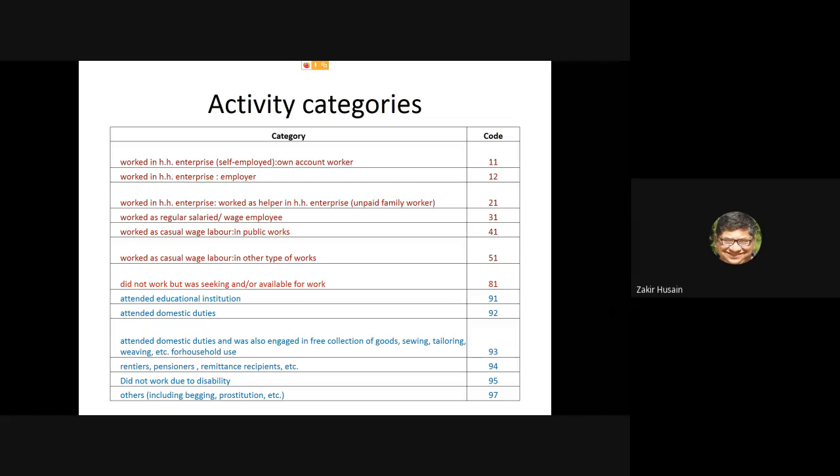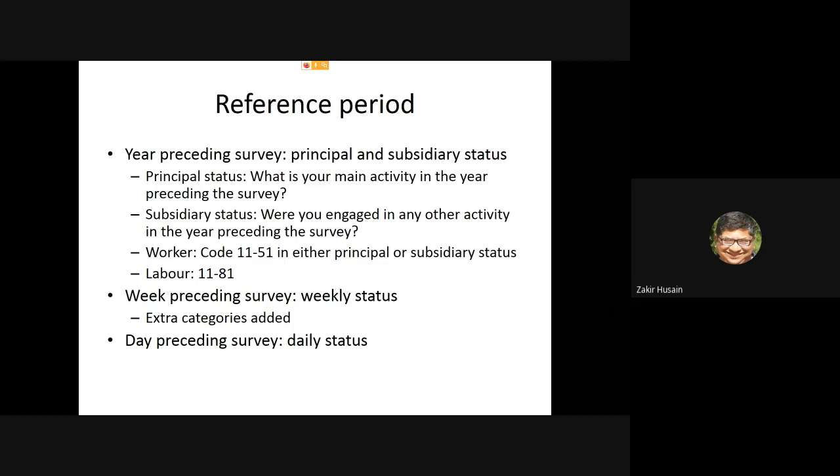Now, after COVID, suppose, or let us say that during this time, you also help out your dad in his firm. But your main activity is studying. So you have a principal status 91, subsidiary status is 29. This will give you principal and subsidiary status.